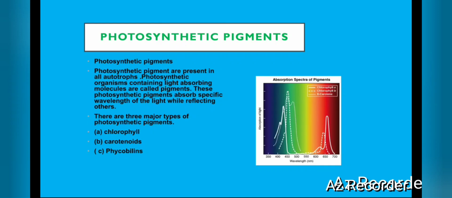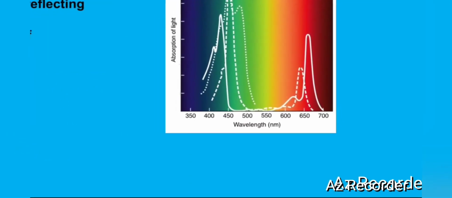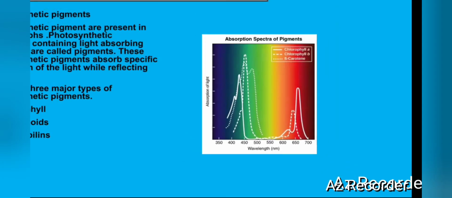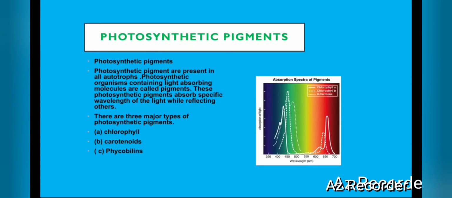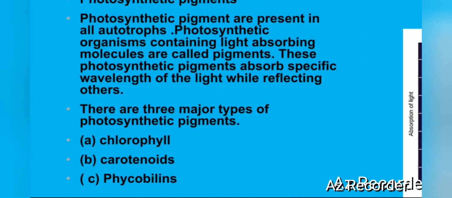These photosynthetic pigments absorb specific wavelengths of the light, reflecting the others. As you see in this diagram, different wavelengths of the light are shown. There are three major types of the photosynthetic pigments: chlorophyll, carotenoids, phycobilins.